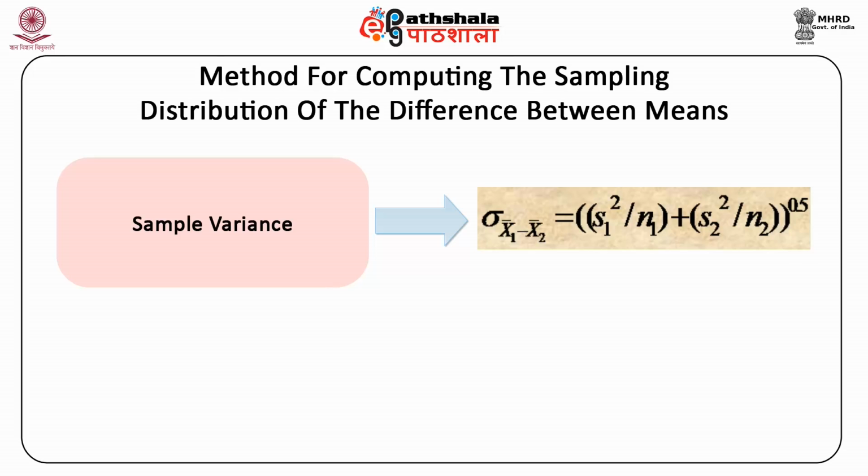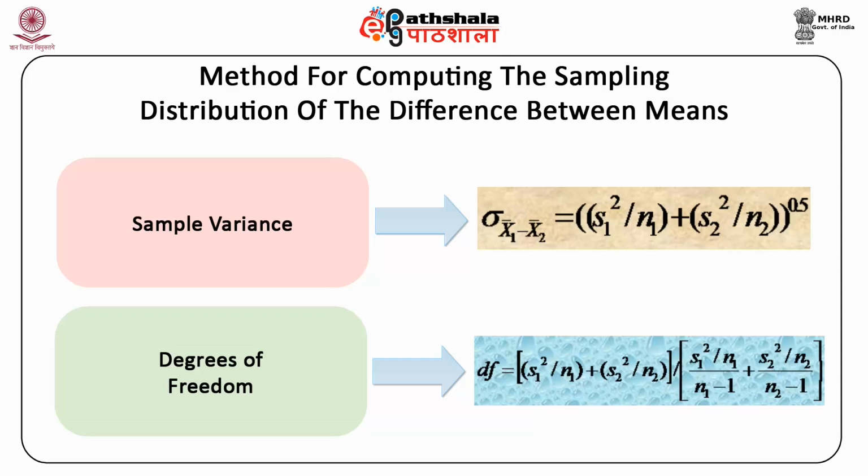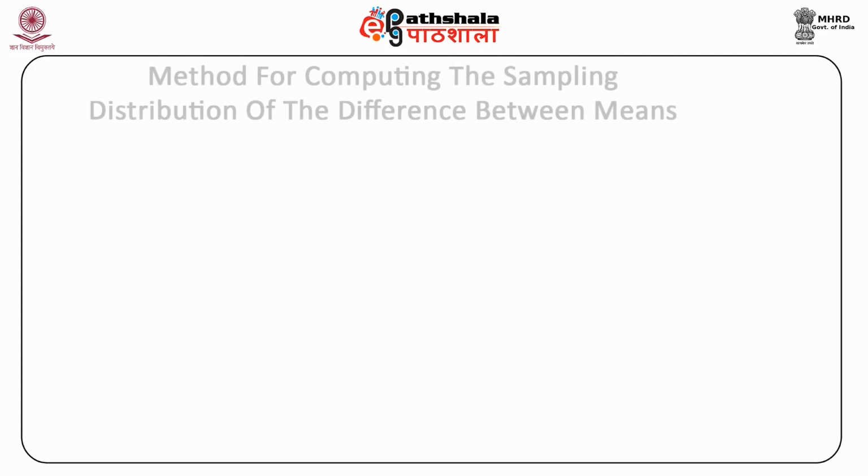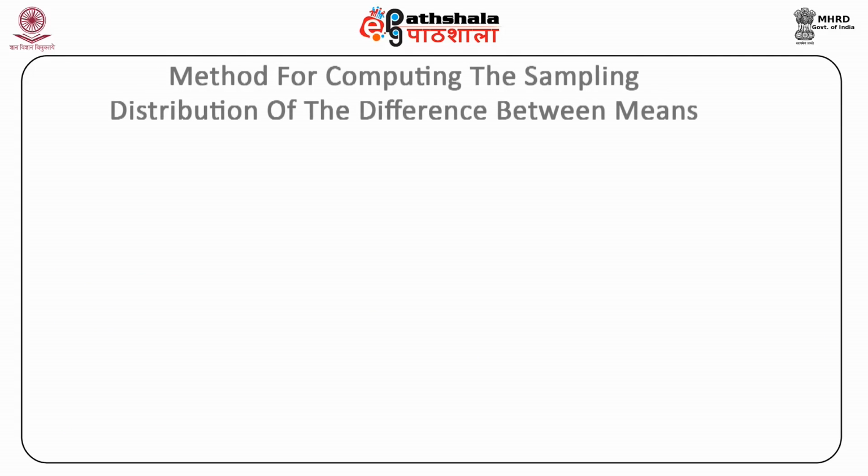In this more complicated case, the degrees of freedom is given by df equal to (s1 square divided by n1 plus s2 square divided by n2) whole square, divided by [(s1 square upon n1) whole square divided by (n1 minus 1) plus (s2 square upon n2) whole square divided by (n2 minus 1)], where s1 square and s2 square are sample variances. We can illustrate this concept using an example.